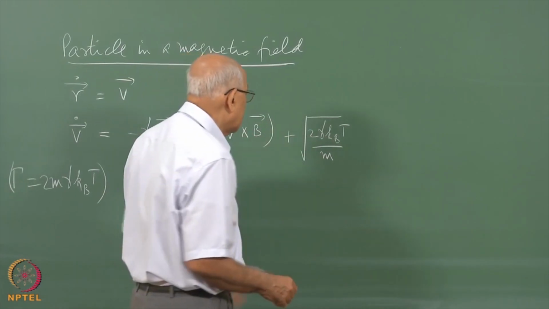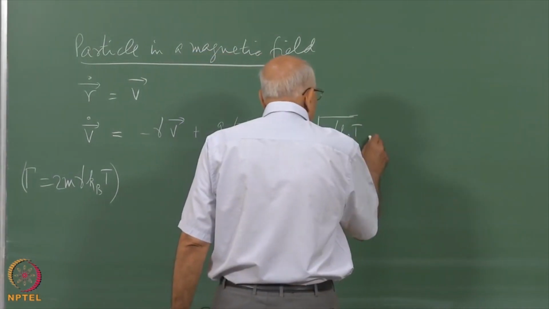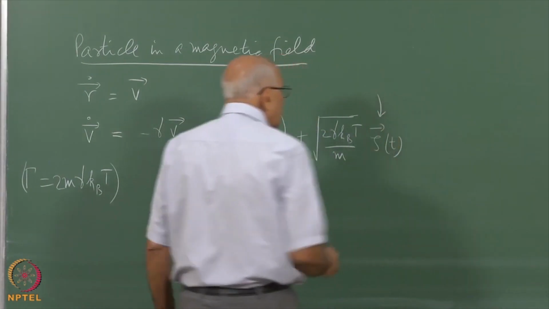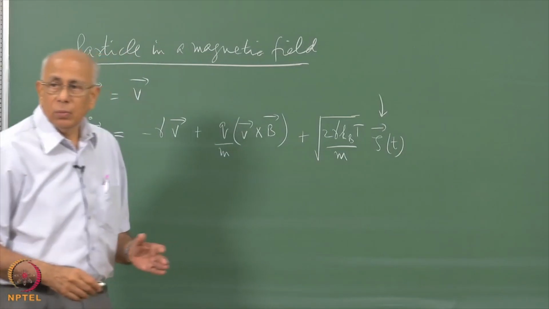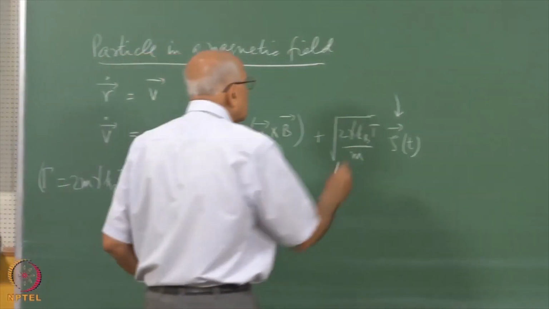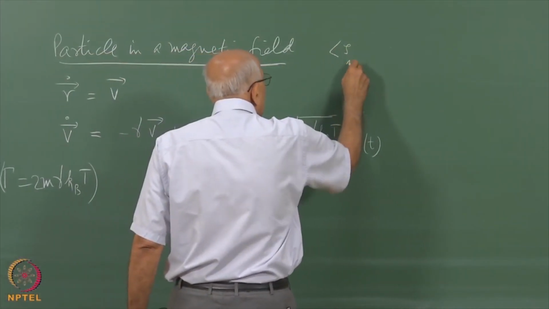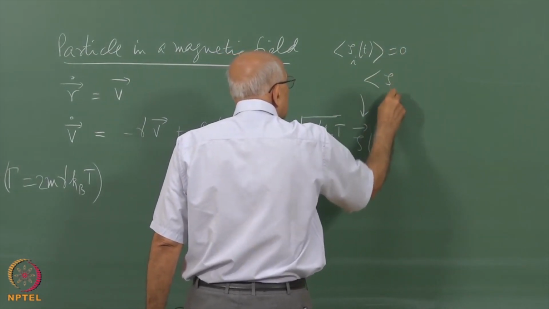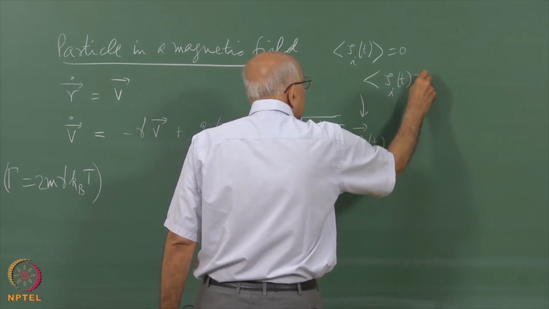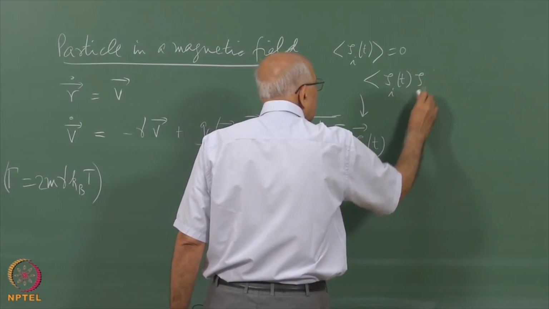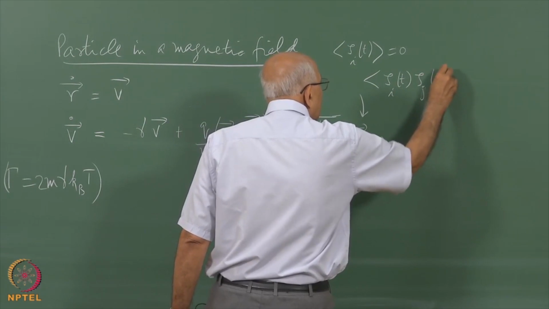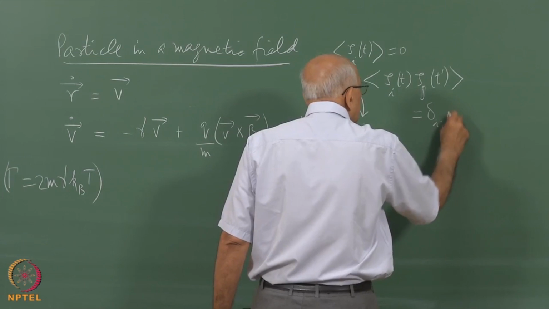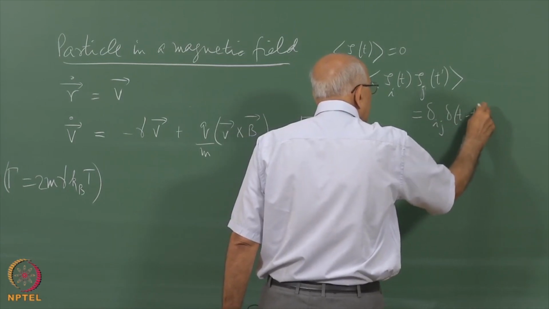So, one m cancels and you end up with this, times this noise zeta of t, and this zeta of t is a vector valued white noise with 0 mean. So, its properties are: the average of zeta i of t equals 0, and of course, the average of zeta i of t zeta j of t prime is equal to delta ij delta of t minus t prime.